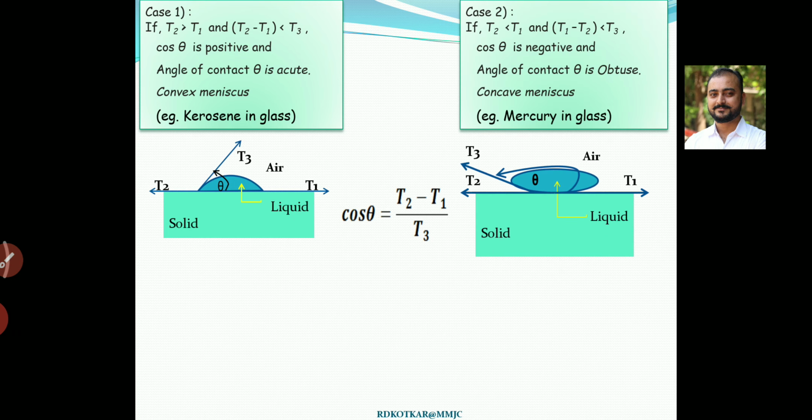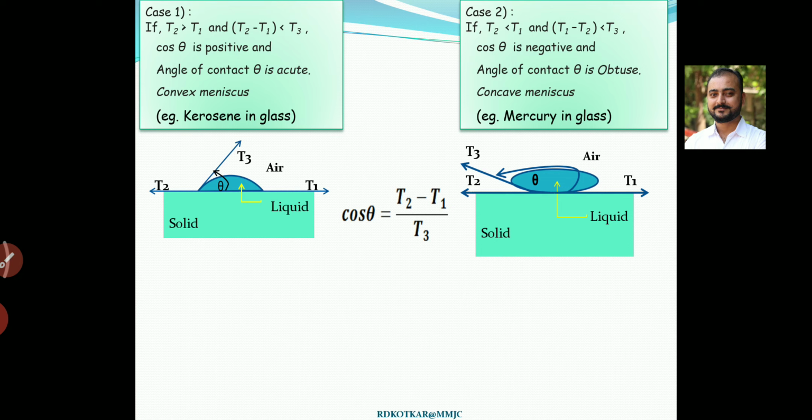In case 2, what you observe is somewhat different. T2 is less and T1 is greater. But obviously, what is our formula? T2 minus T1.